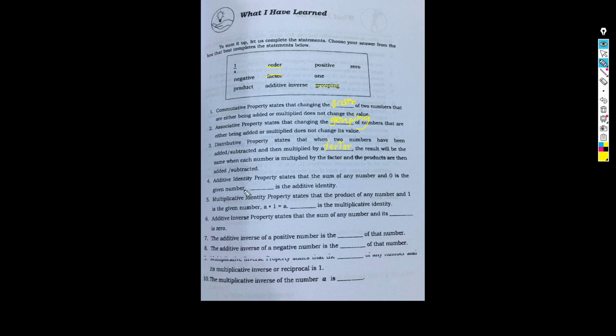Number 4, additive identity property states that the sum of any number and 0 is the given number. Additive identity is 0.